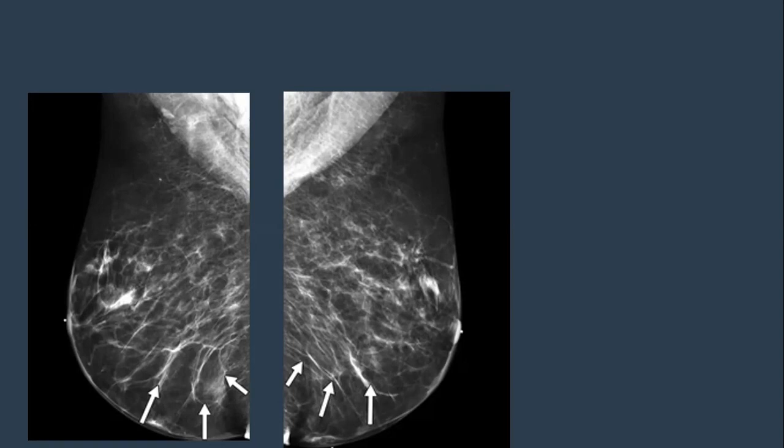What is the history you'd like to ask about? Is she symptomatic? No, she has no symptoms. Is there any edema or generalized body edema? No, she's asymptomatic.